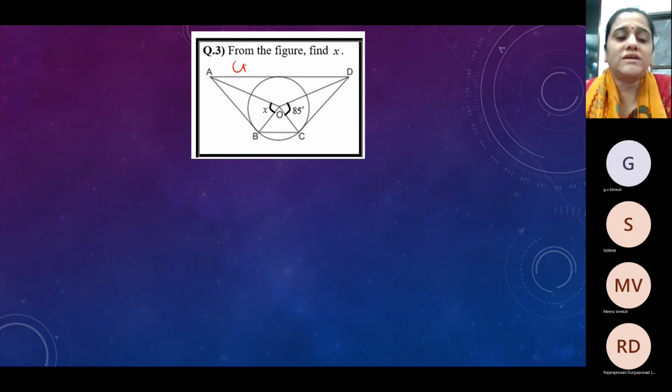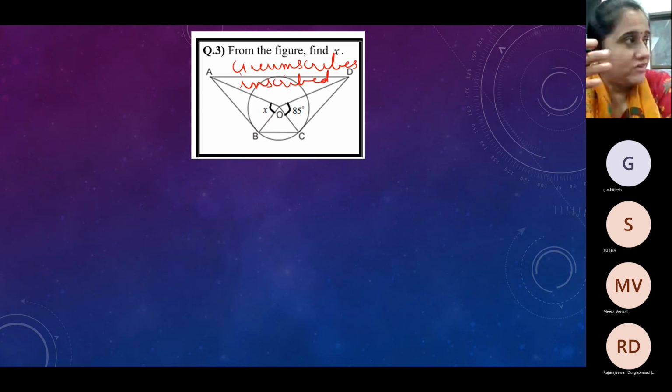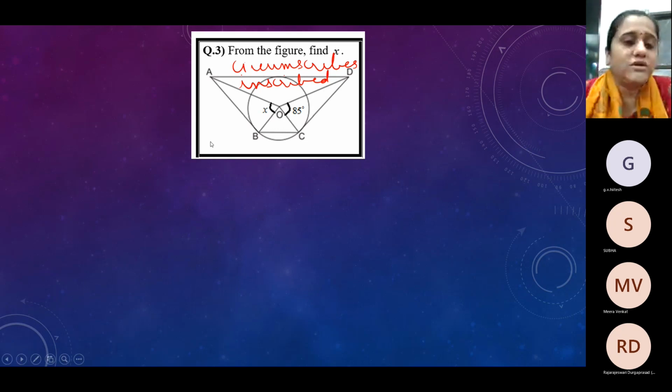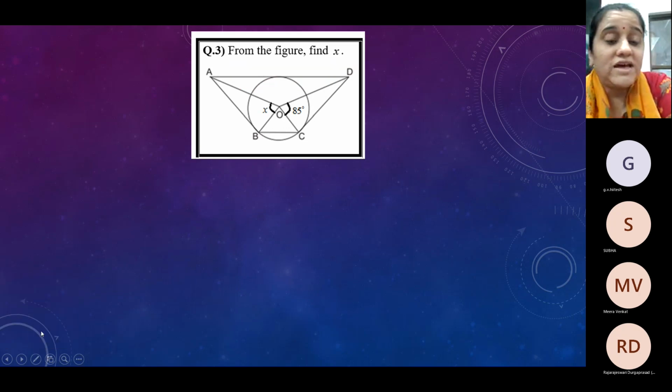So you can use both the terms, circumscribes and inscribed, depends from which aspect you're saying. So this is the figure. You can also say that the sides of the quadrilateral are tangential to the circle.